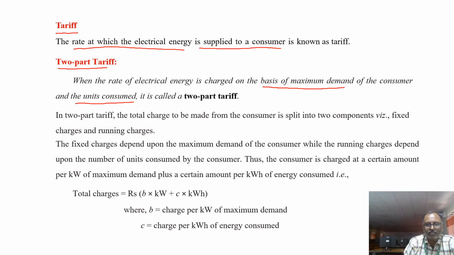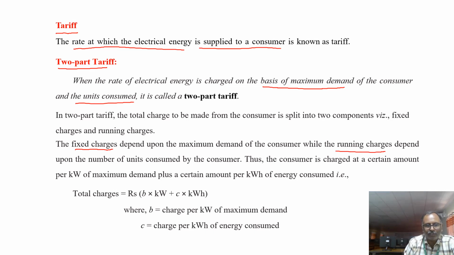So the first part, based on the maximum demand, is the fixed charges. The maximum demand and the amount he has to pay for maximum demand gives the fixed charges, and the number of units consumed and the charge per unit consumed gives the running charges.